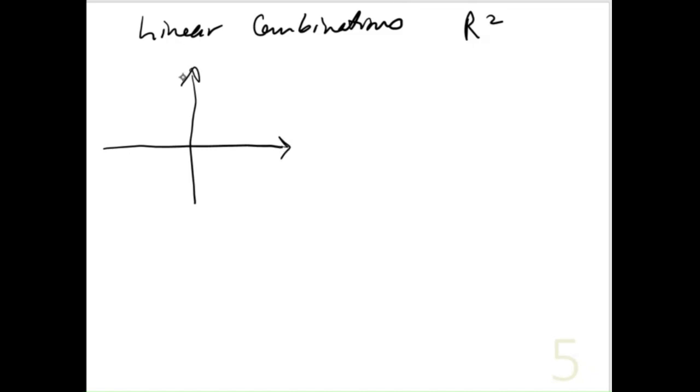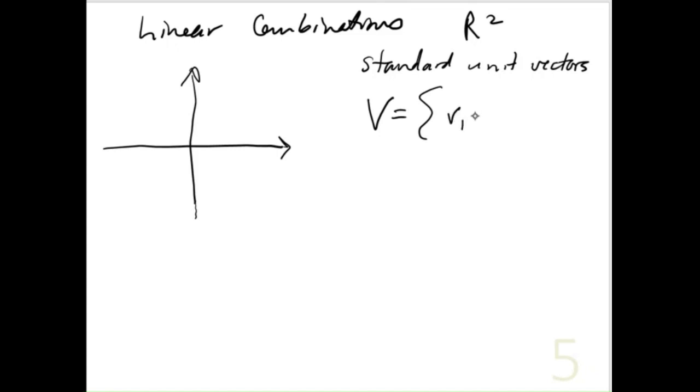Hopefully you remember your standard unit vectors. For R2, we'll say that our set of standard unit vectors is going to be equal to the set v1 equals (1, 0), and then v2 equals (0, 1).